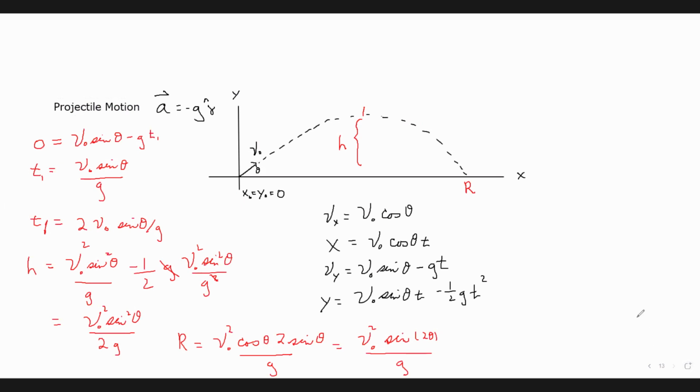What do you think, Joshua? Well, what's the maximum possible value of the sine function? Is it 0? You mean theta equals 0? Well, 2 times 0 is 0, and the sine of 0 is 0.